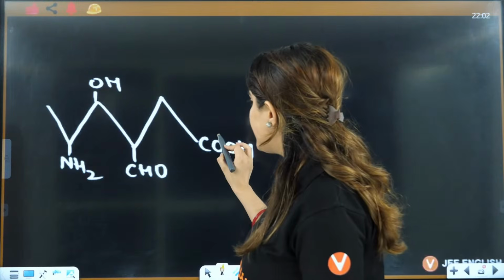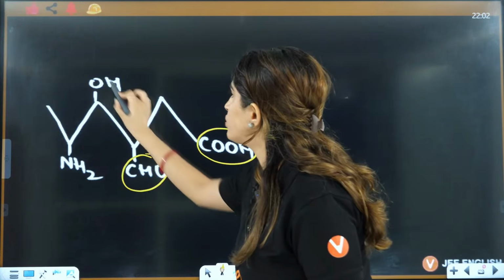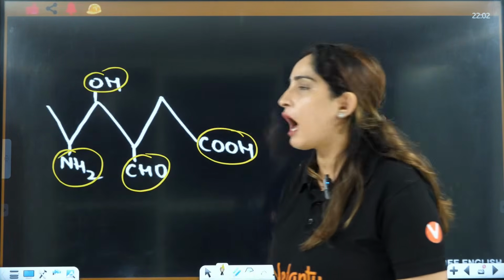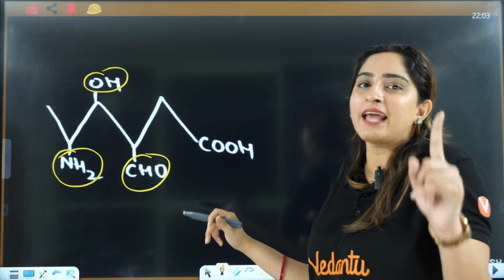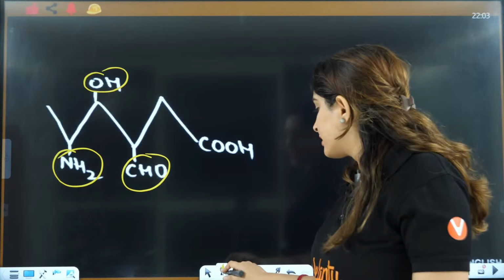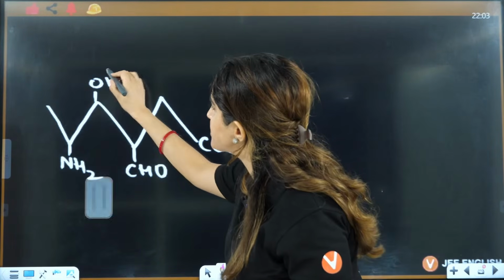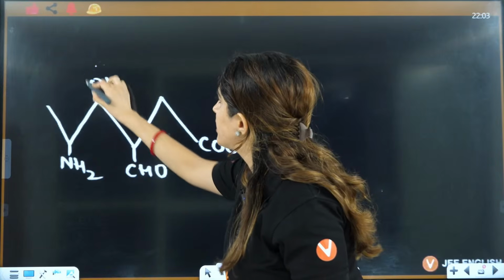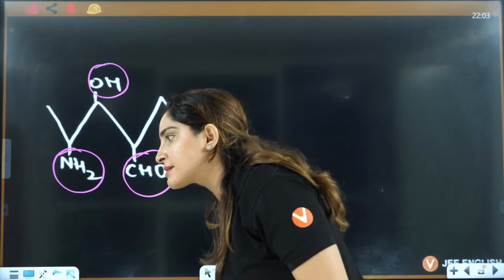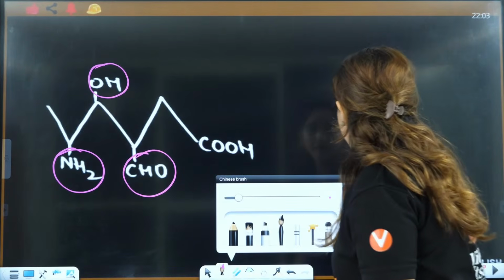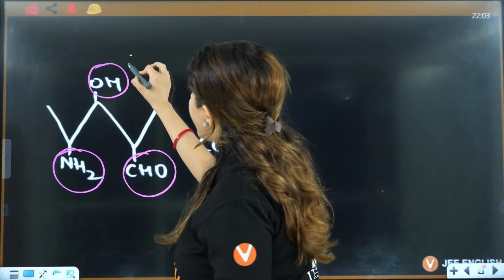So this will be 1, 2, 3, 4. Out of this we know that this is the main. Only one can be the king. There can't be 2, 3 kings. So others are substituents. This is a substituent, this is a substituent, all others are substituents. If they are substituents, can I say, guys, this one is hydroxy.